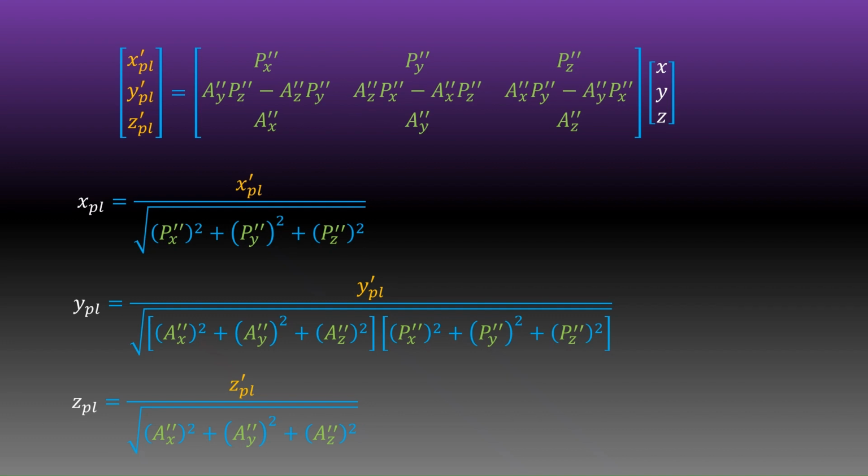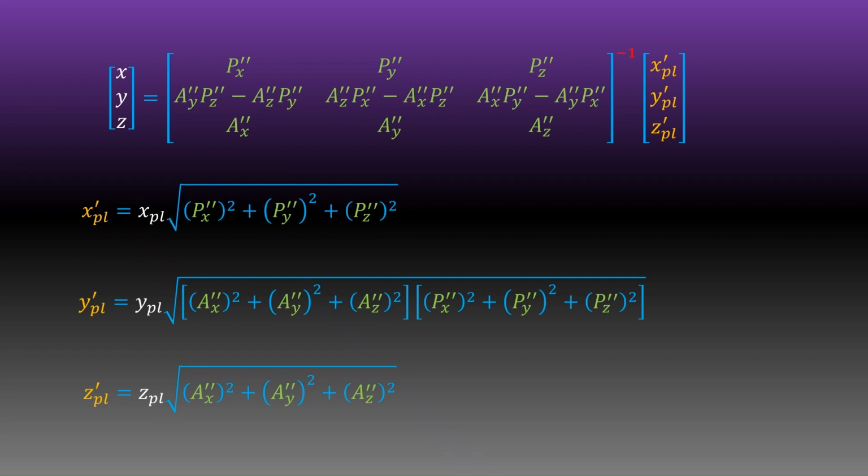So we've effectively figured out a way to switch from B1 to B2. We have a way to express the x hat PL, y hat PL, and z hat PL unit vectors in terms of the B1 unit vectors of x hat, y hat, and z hat.